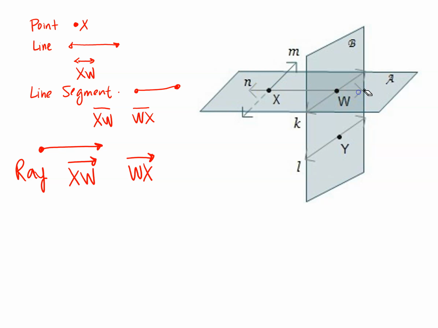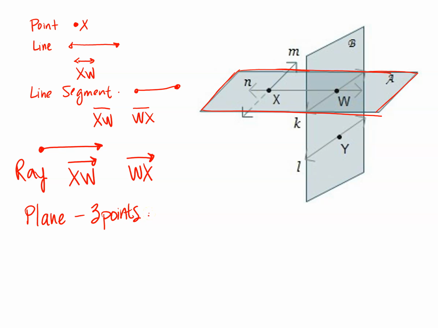All right, then we talked about a plane. The little blue areas are planes. A plane is a 2D surface, but it does extend in all directions. We just need to visually have boundaries so we can know what plane we're talking about. But this is a 2D surface. It goes on in all directions. We have to name a plane with 3 points or the letter on the plane.